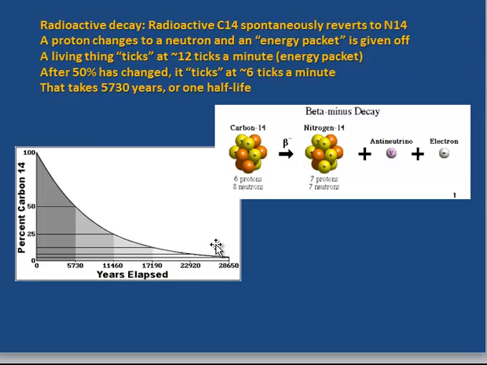There is a way to enhance this so you can push the date back to between 50 and 80,000 years old, but beyond that there is no more radioactive decay, so other types of decay will be necessary.